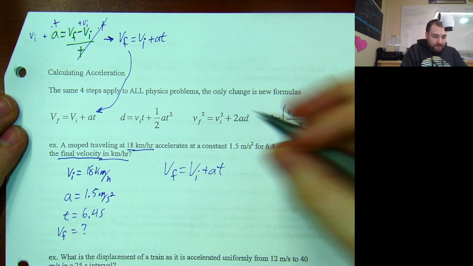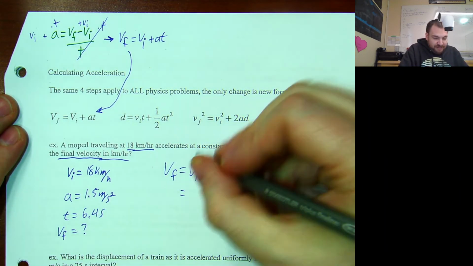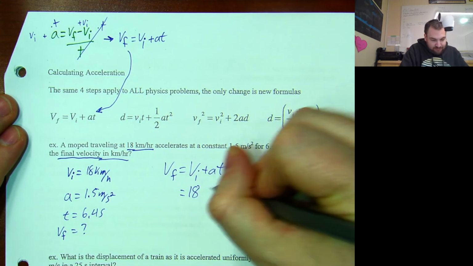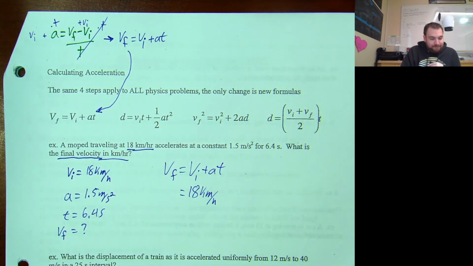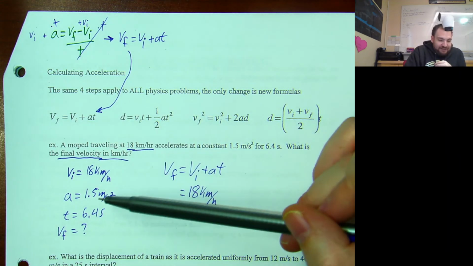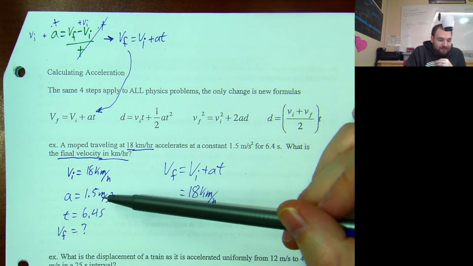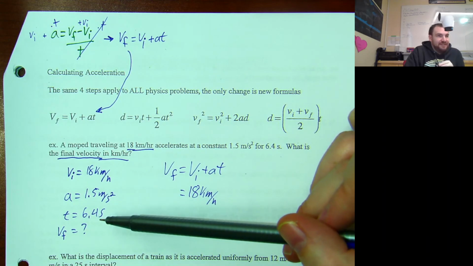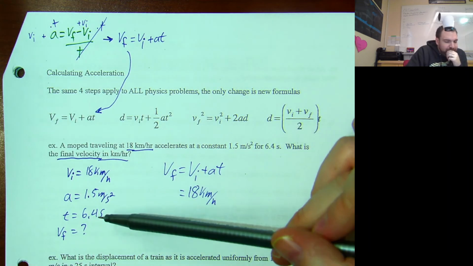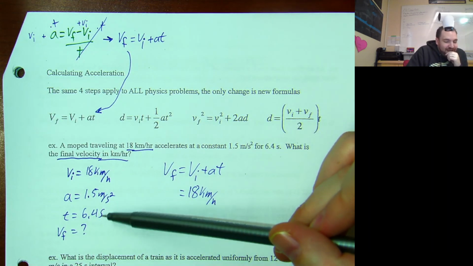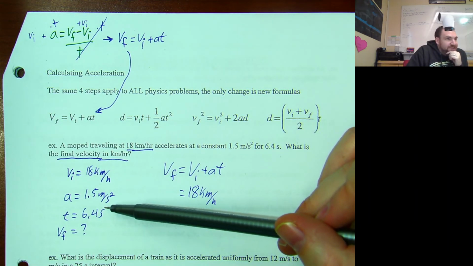I know that my initial velocity was 18 kilometers per hour. I've got accelerations in meters per second squared and times in 6.4 seconds. So maybe I'm jumping the gun here a little bit. I want units that are consistent.